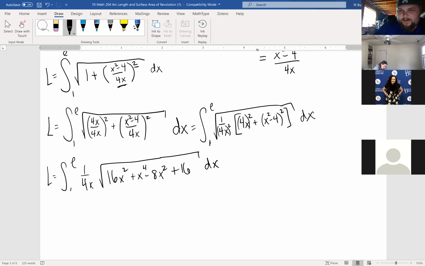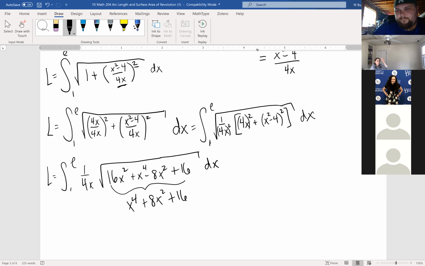Right, all I did was square out both terms. And this is going to then be x to the 4th plus 8x squared plus 16. So can we get two numbers that multiply to 16 and add to 8? Four and 4. So it looks like that'll work for us.